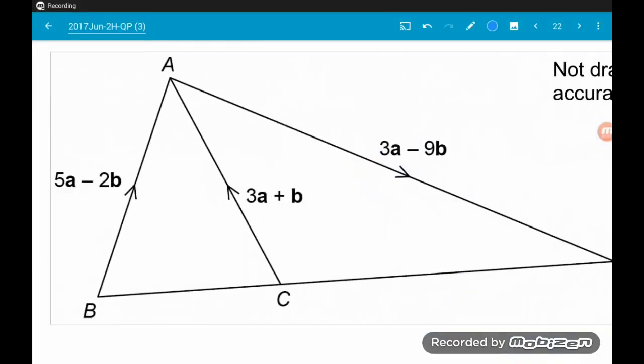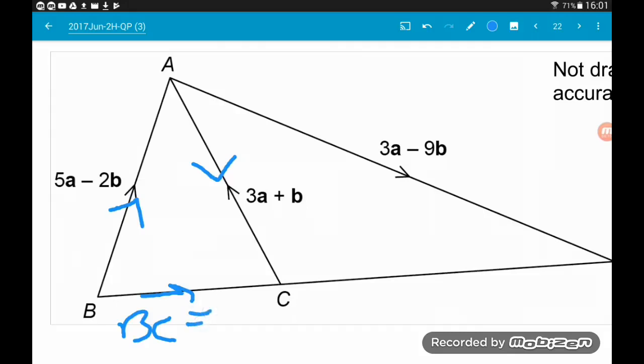Okay, so first of all, B to C. To get from B to C, we're going to go positively along this vector, but then negatively along this vector.